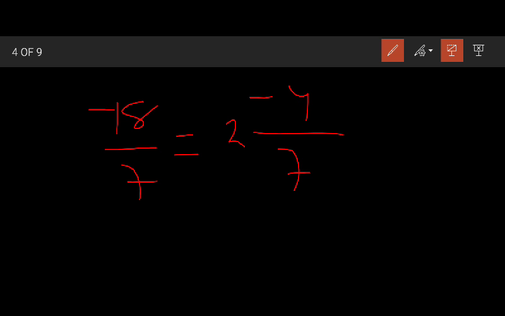So minus 2 whole 4 by 7 is your answer. If the answer is in an improper fraction, you should convert it into a mixed fraction, with the complete answer.